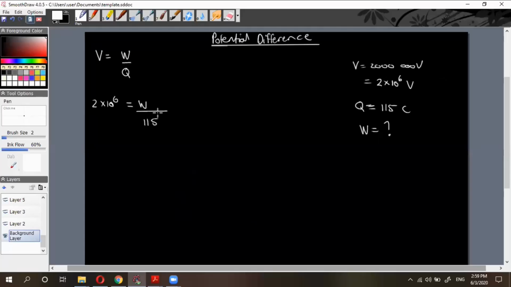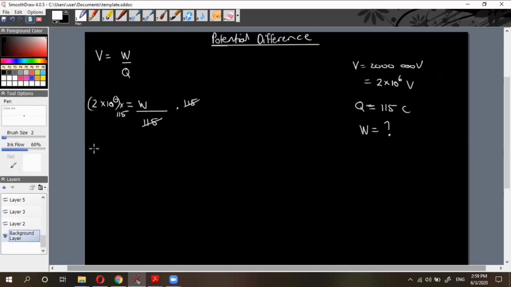So I'm going to perform my little mathematicals. That's going to get rid of 115 here, and I'm going to have times 115 on this side.